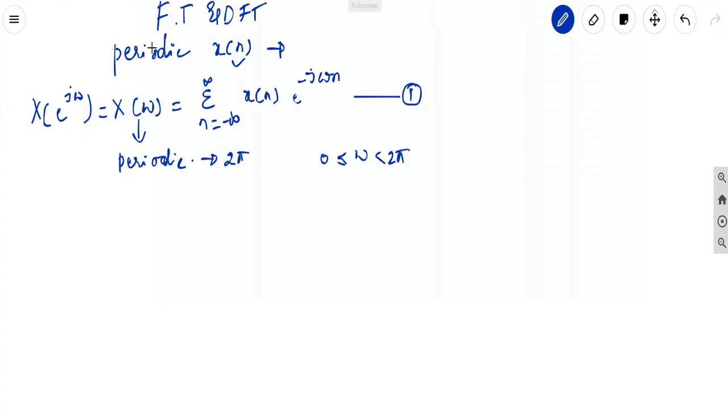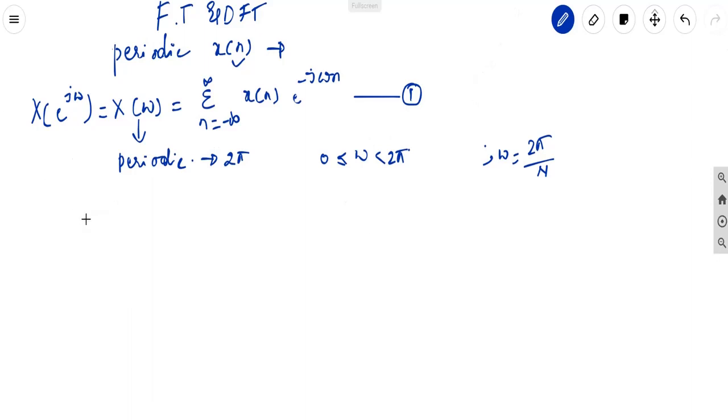So the spacing between successive samples will be how much? 2 pi by N. So this is equal to omega. We will substitute omega equal to 2 pi k by N in equation 1.